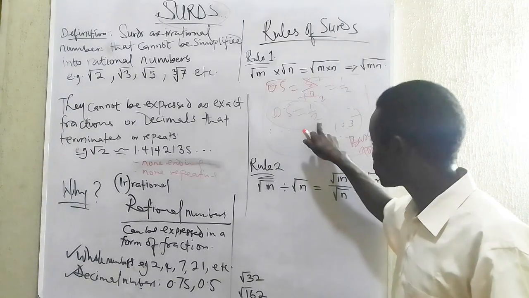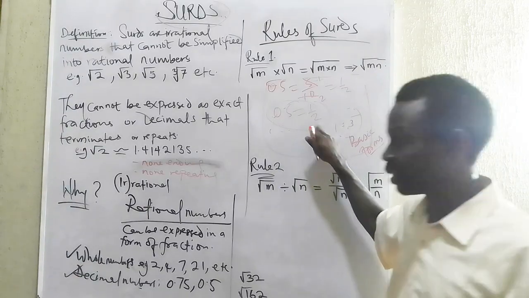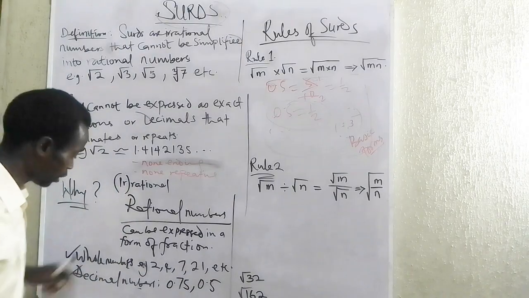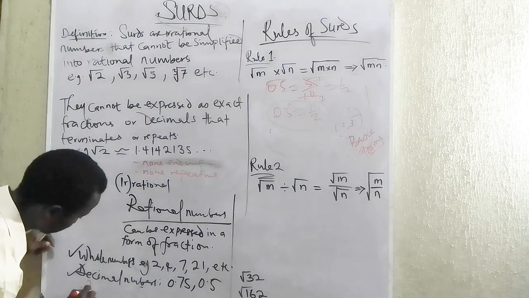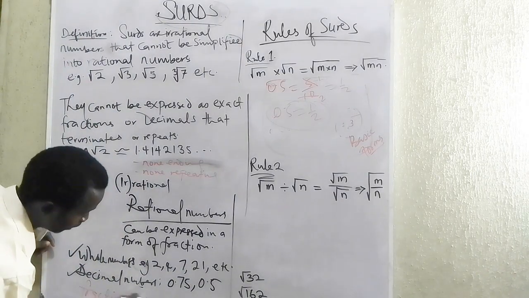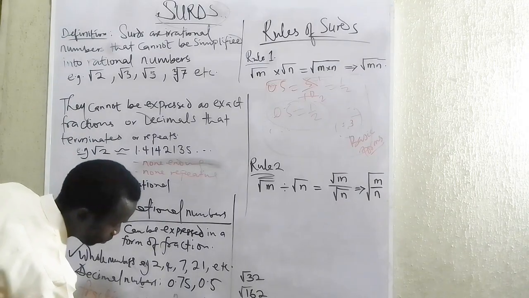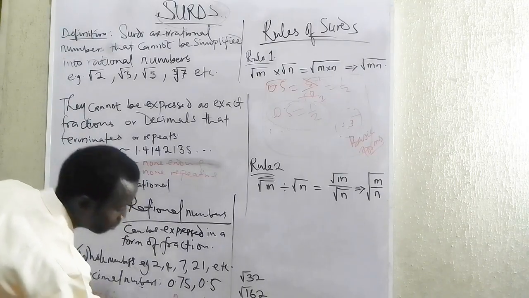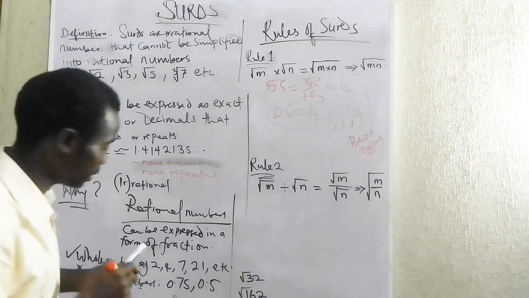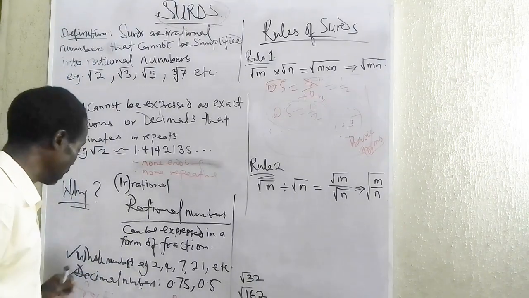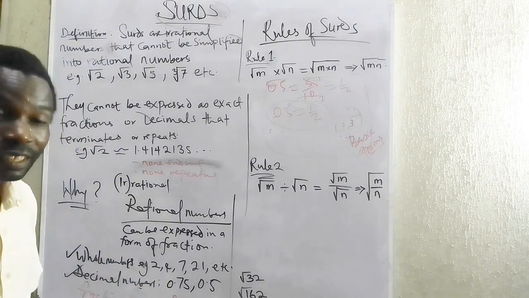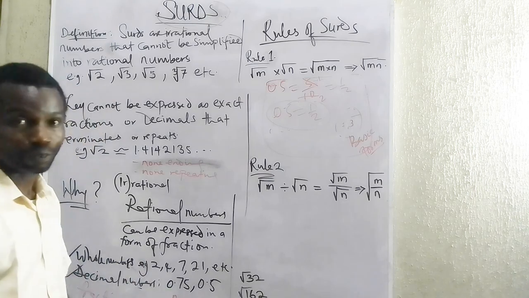Also, half is a rational number. Another example of rational numbers are even the fractions themselves, like 3 over 4 and 1 over 2. Rational numbers are numbers that can be expressed in fractional form.